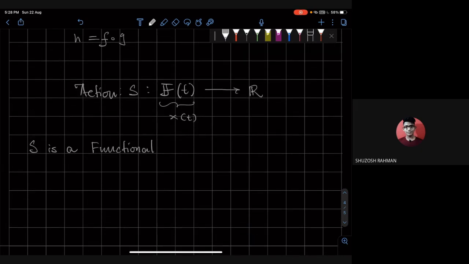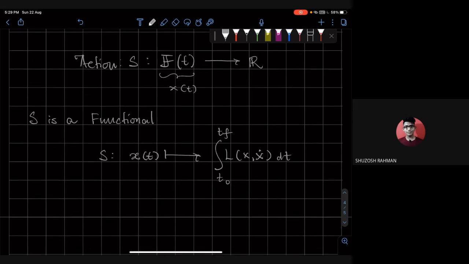So precisely what happens with the action, it maps from a particular function to a real number, and the real number is given by the integral from t0 to tf of L(x, x dot) dt.